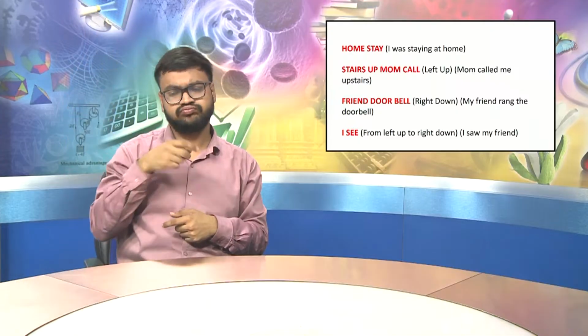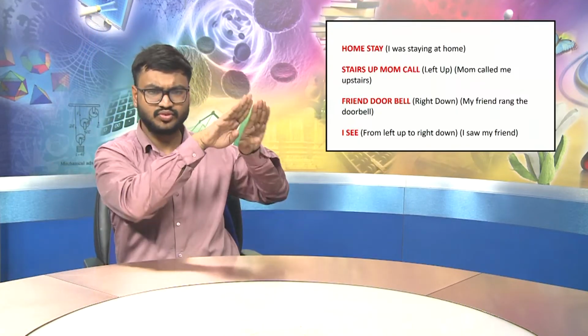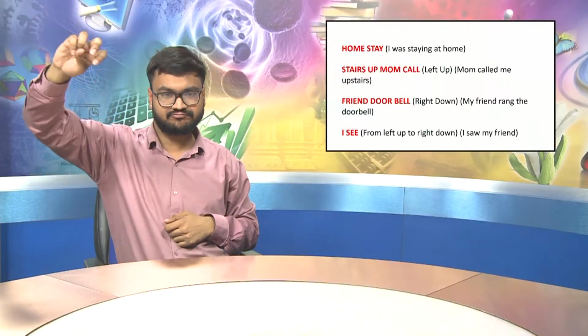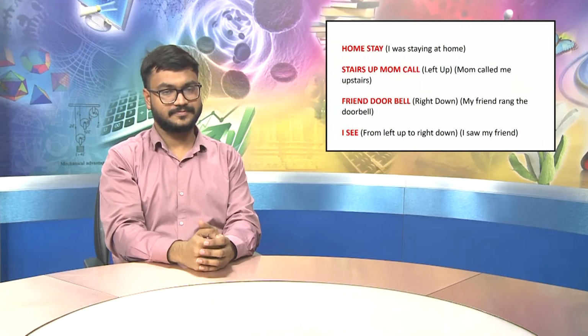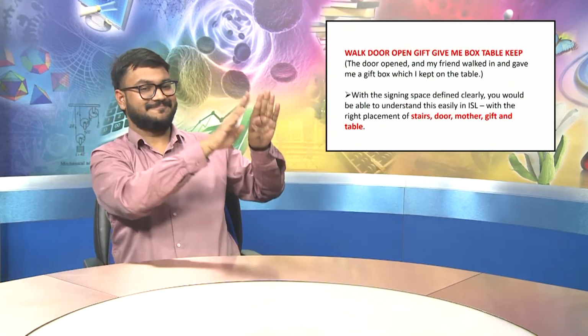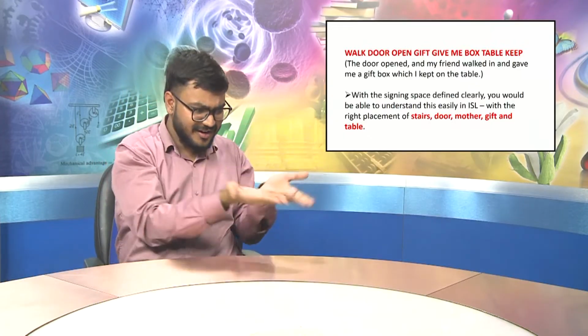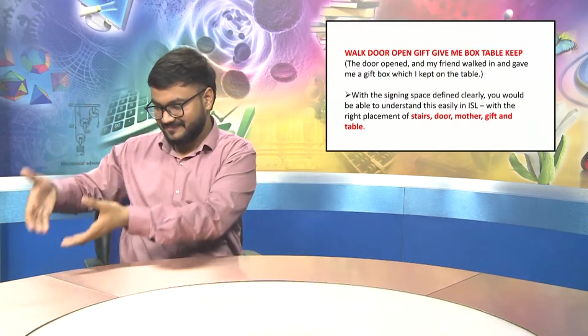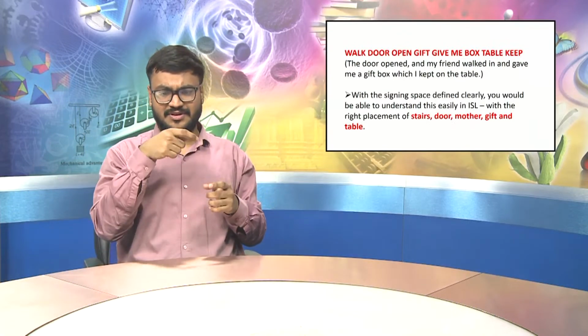Example: I was staying at home and mom called me from upstairs, and the stairs are on the left side. The door opened and my friend walked in and gave me a gift box, which I kept on the table.